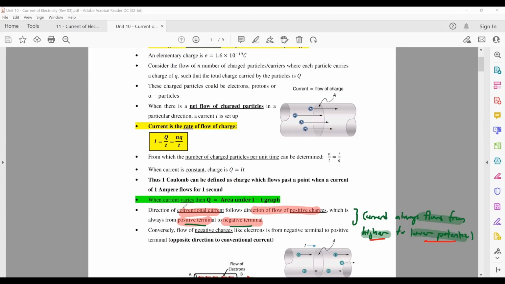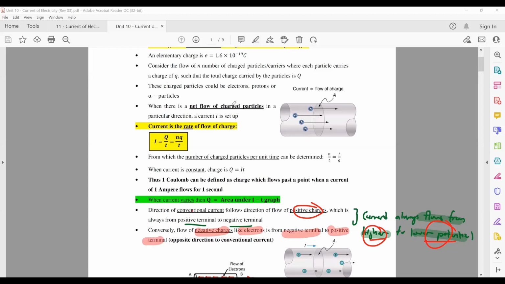Okay, so if you're talking about conventional current or current right now, we're always talking about the flow of positive charges, which is from positive terminal to negative terminal, or from higher to lower potential. Okay, so we also have something called flow of electrons to consider. But when you're talking about flow of electrons, flow of negative charges like electrons, they will always be from negative terminal to positive terminal.